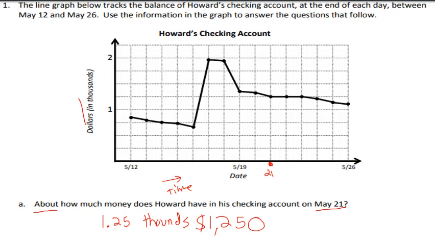So it'd be $1,250. Now, if I wanted to do a real estimate, I could just say, well, this is between 1,000 and 2,000. My estimate is approximately.